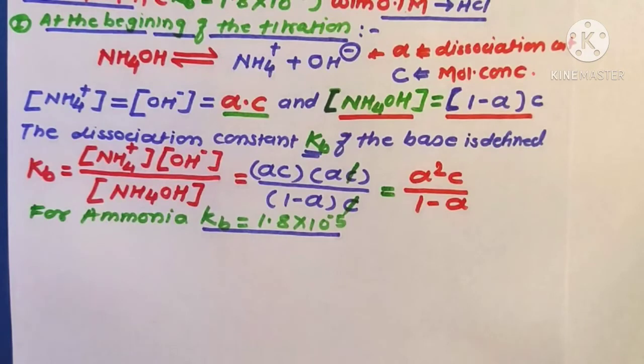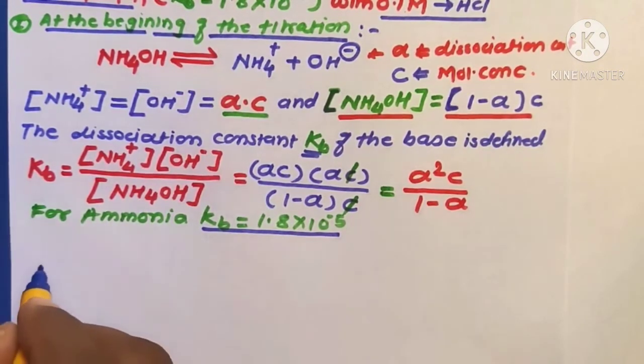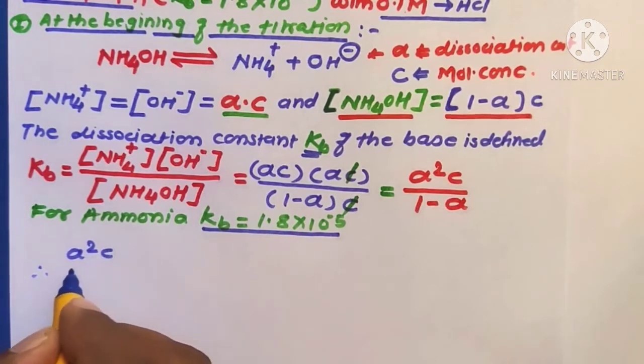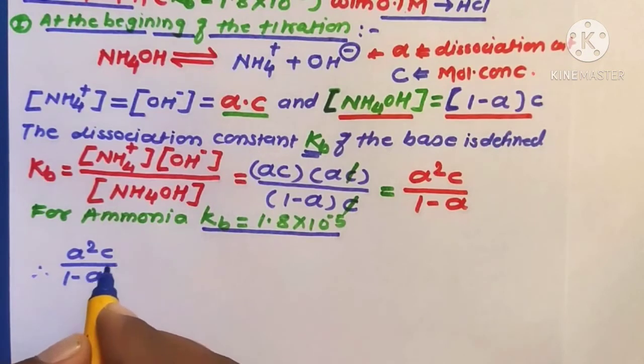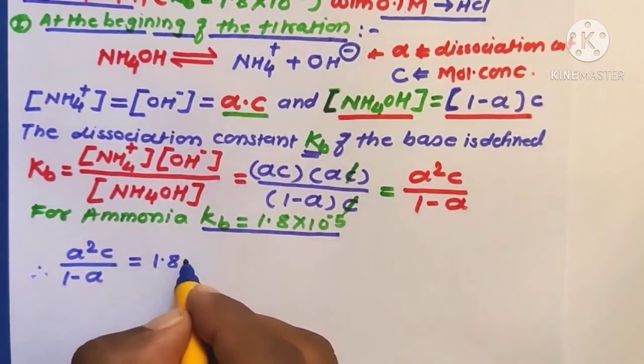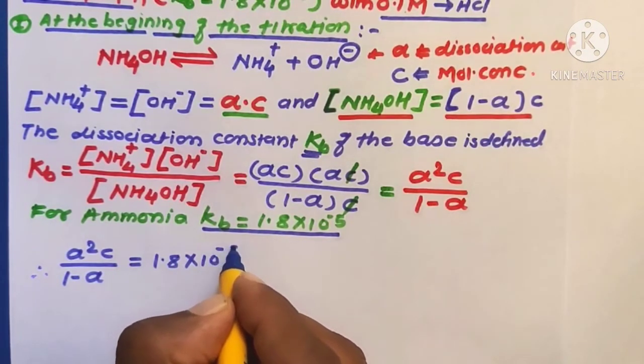Therefore, alpha squared into C divided by 1 minus alpha is equal to 1.8 into 10 raised to minus 5.